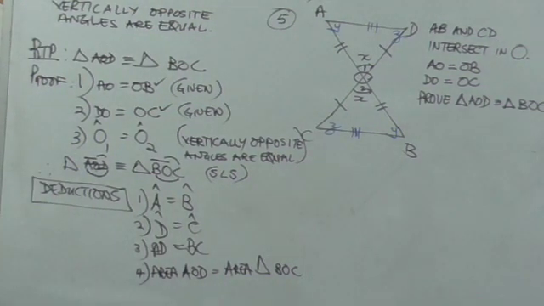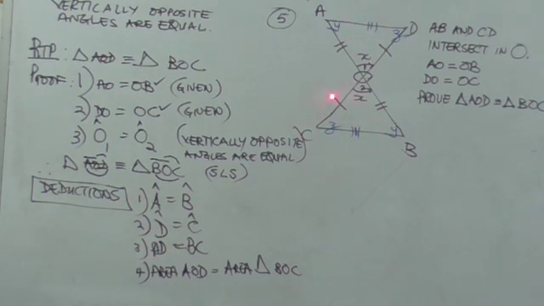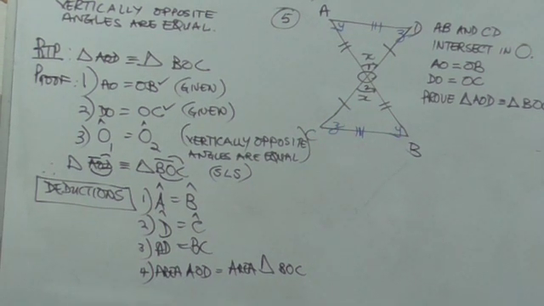So sometimes after you do the deductions, it is nice to mark what you deduced. Mark your deductions inside there, like that. Now it's very interesting, although they didn't ask you here. Now you can see there's some very interesting development. You see this angle is equal to this angle.